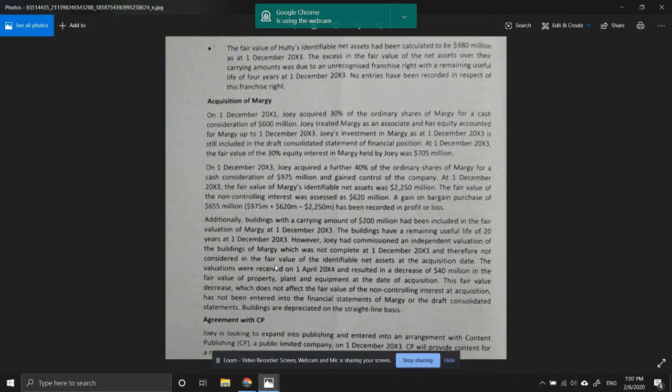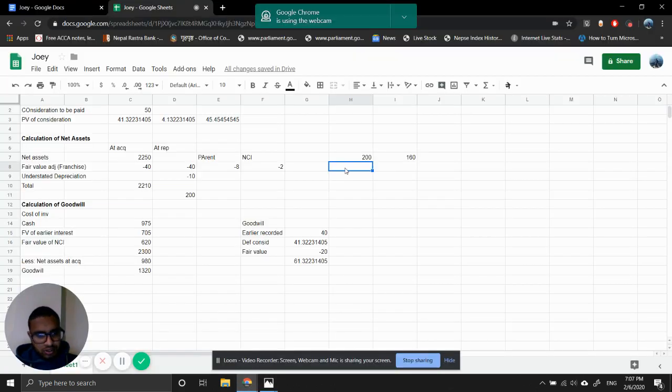So independent valuation 20 years, okay. So 20 divided by 10, right? Okay, so it should have been only 8, but it has gone up by 10, right?